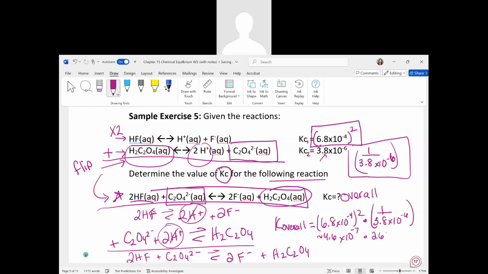That's about 263,158. Now our Kc overall will be the product of these two, which gives about 0.1196, or when we round down to 2 digits, because that's all we were given above for significant figures, our Kc overall for this reaction would be 0.12.